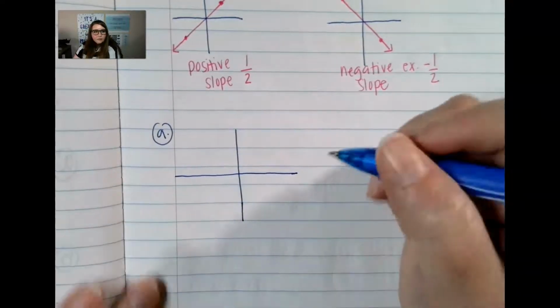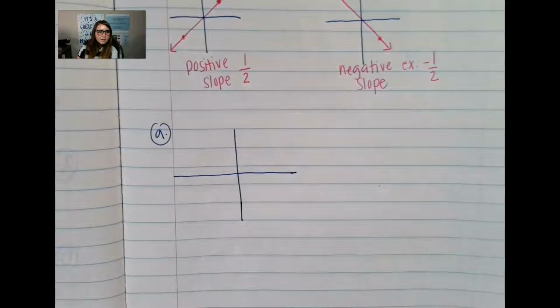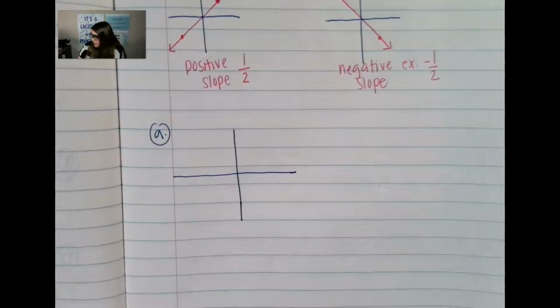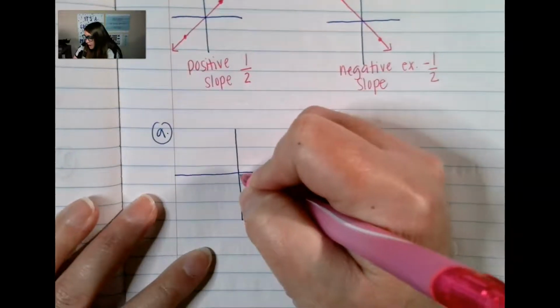Okay, so we have a graph, and our graph has two different points. It looks like it has an x of 5. What does this one say? When y is 5. Okay, so it says when y is 5.